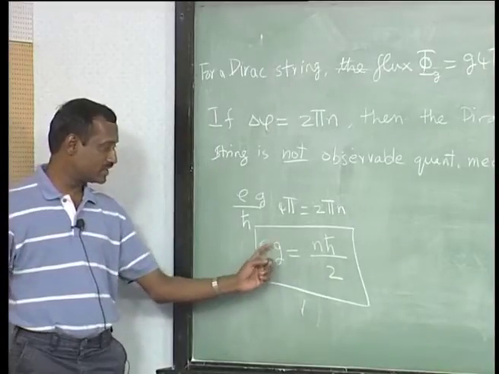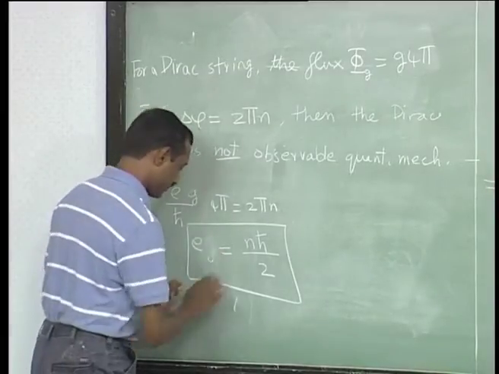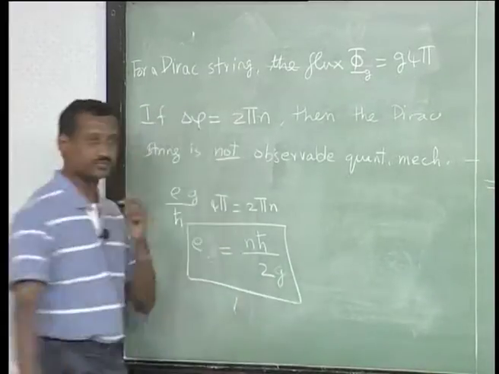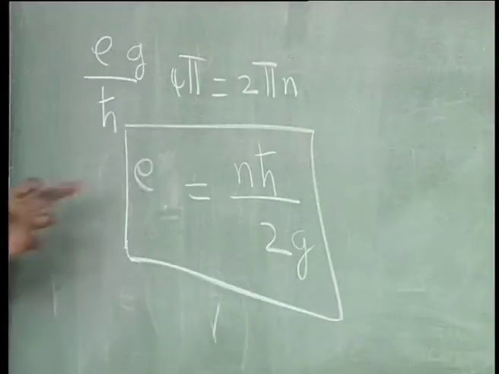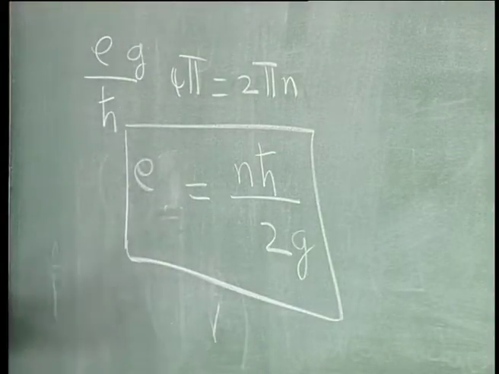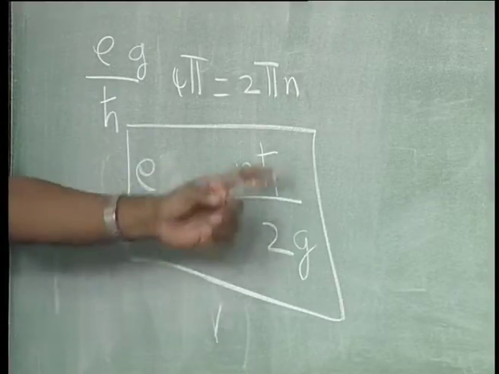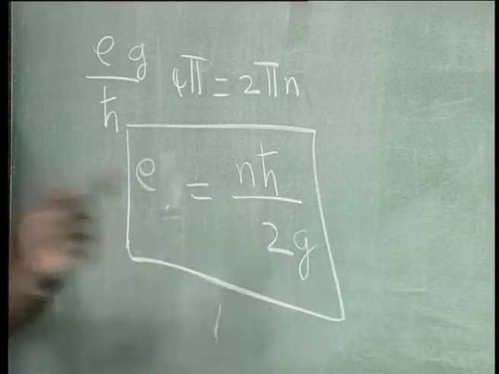So if you are given this G, we can flip this around and write it like this. E could be in this case the electron, but I can replace it with any other particle, and all charges will be quantized in terms of h bar by 2g.